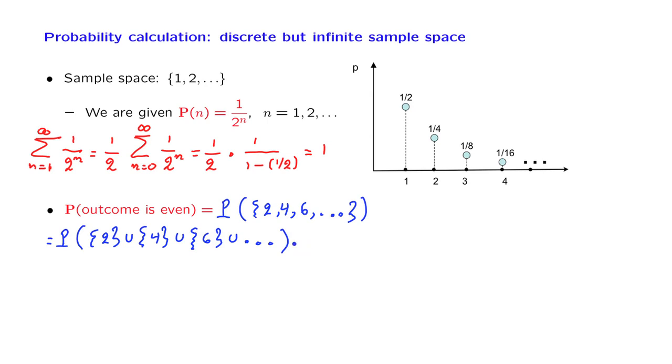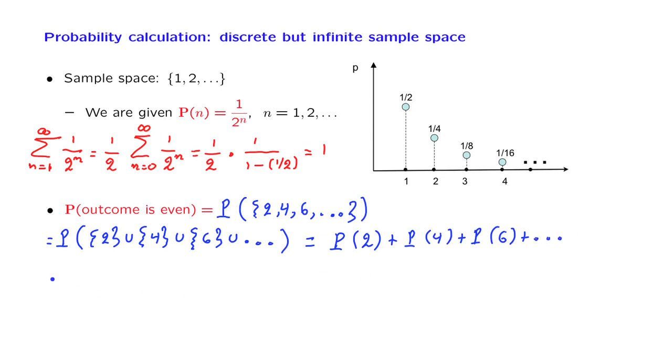At this point, we notice that we're talking about the probability of a union of sets, and these sets are disjoint because they contain different elements. So we can use an additivity property and say that this is the probability of obtaining a 2 plus the probability of obtaining a 4 plus the probability of obtaining a 6 and so on.